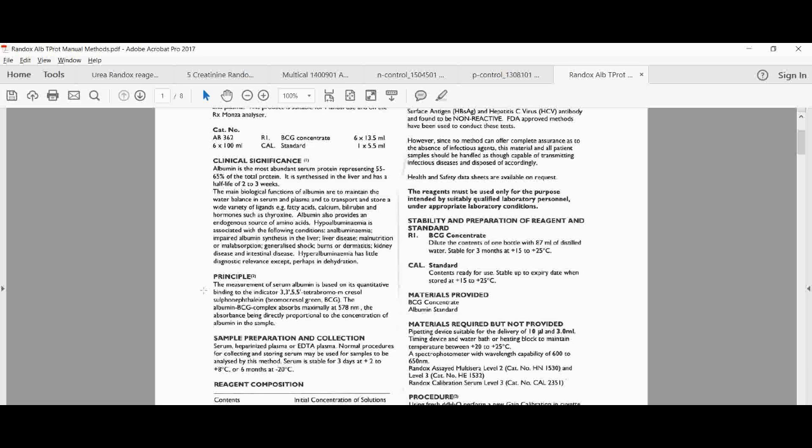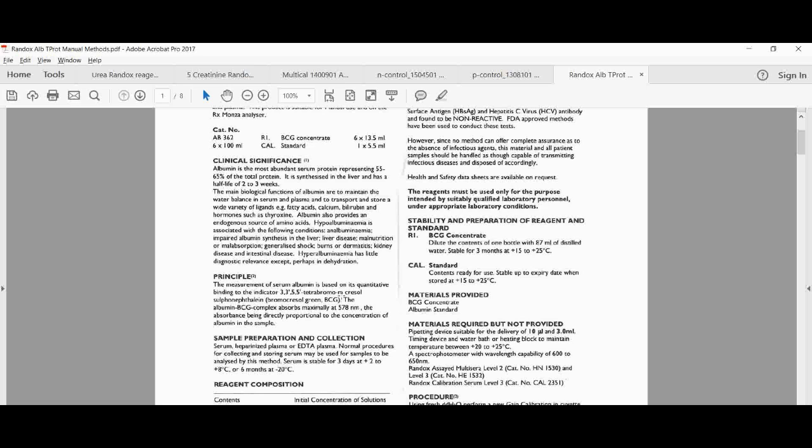The next piece of information is principle. What is the principle of the test? In this case, it is the measurement of serum albumin, which is based on the quantitative binding of BCG.